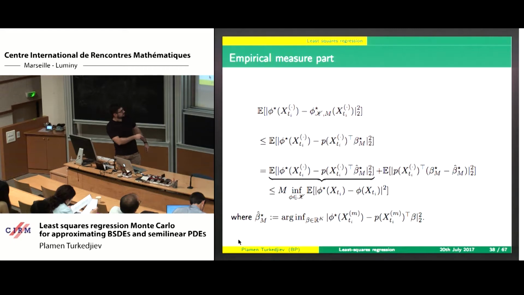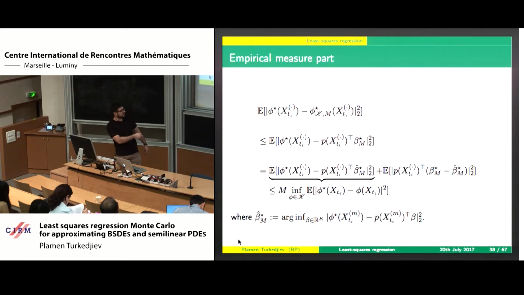In the second term, I'm just going to add and subtract p times beta hat, where beta hat is the minimizer of the function phi star, that's our optimal function, in the linear space of approximation under the empirical measure we used for our least squares regression.